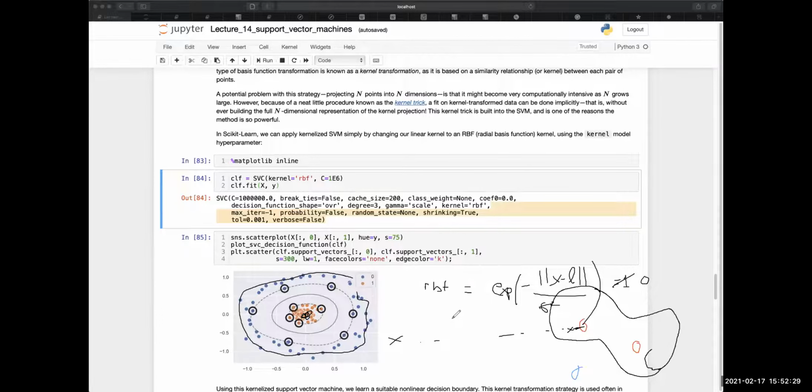Correct. And so if we're projecting them from 2D to 3D, what does that third dimension mean in terms of the training? Does it mean anything? How do we just make up another dimension?